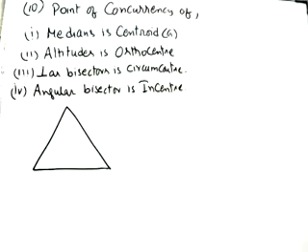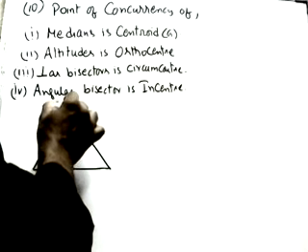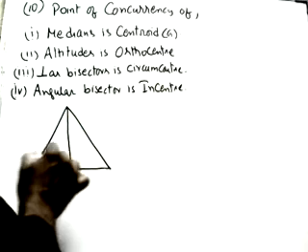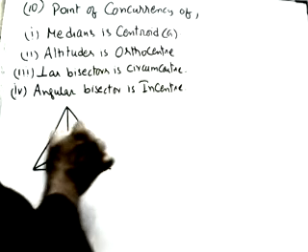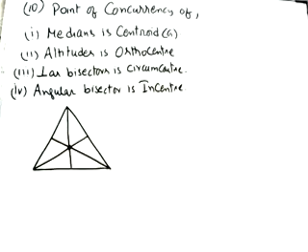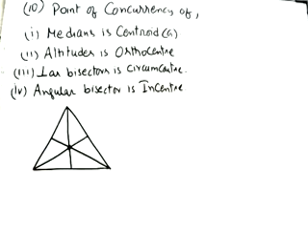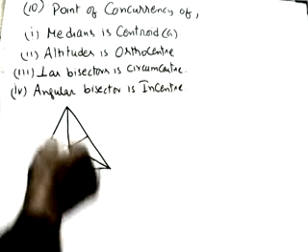That means if we draw either medians or altitudes or perpendicular bisectors or angular bisectors, they all intersect at a point. And if the triangle is equilateral, then all of these will be the same: median, altitude, angular bisector, perpendicular bisector, all will be the same.